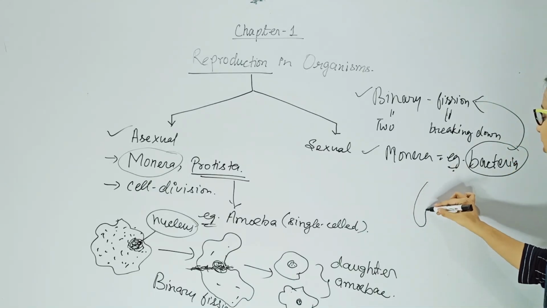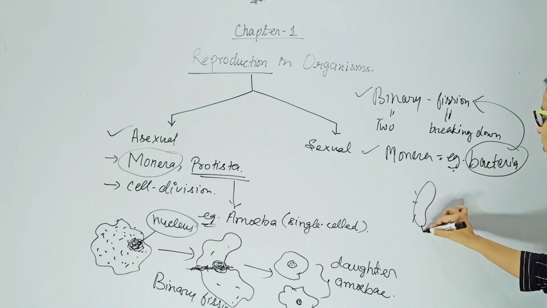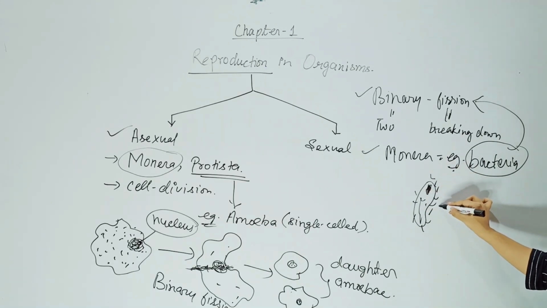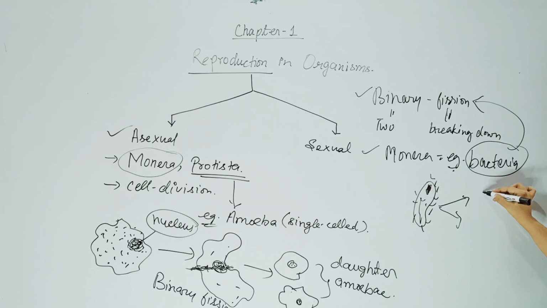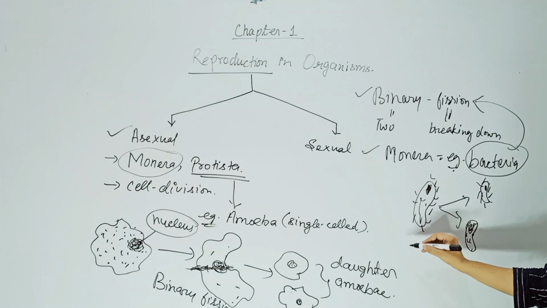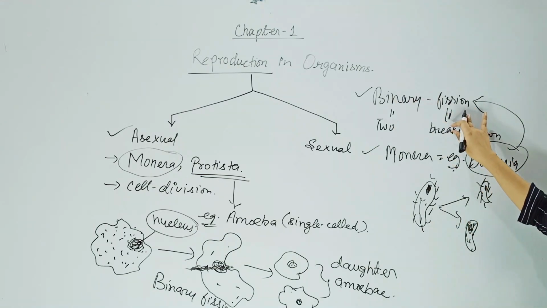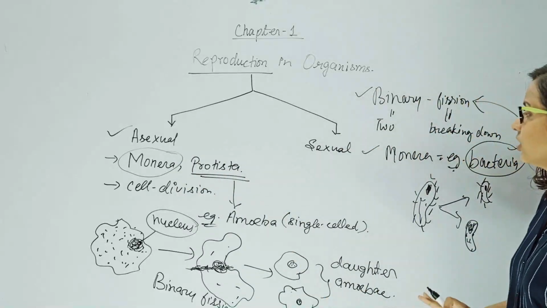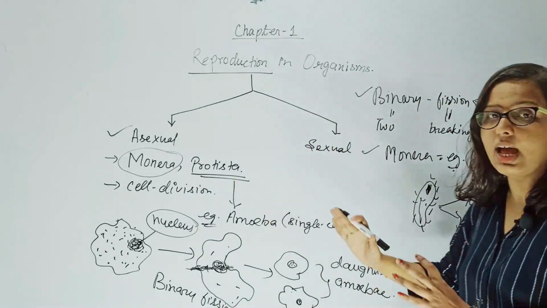There is one bacteria. It breaks into two daughter bacteria. So here also binary fission is taking place, which is one of the examples of asexual reproduction. So this is how asexual reproduction happens.